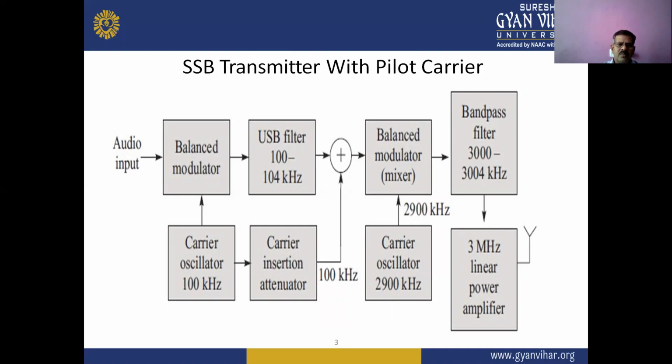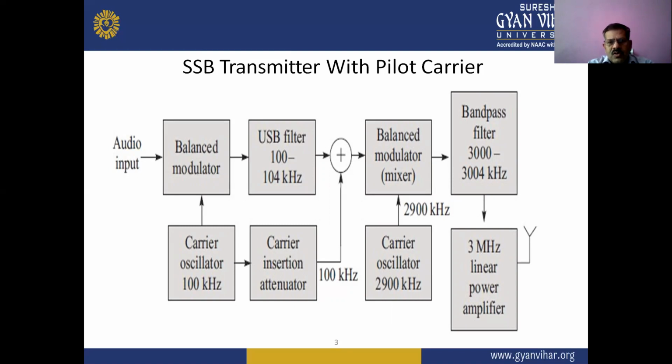The output of the balance modulator is applied to the USB filter, which has the 100 to 104 kilohertz frequency range, and the output of the carrier oscillator is applied to the carrier injection attenuator. The output of this carrier injection attenuator is the 100 kilohertz, and this is applied to the summing network, and the USB filter output is also applied to the summing network.